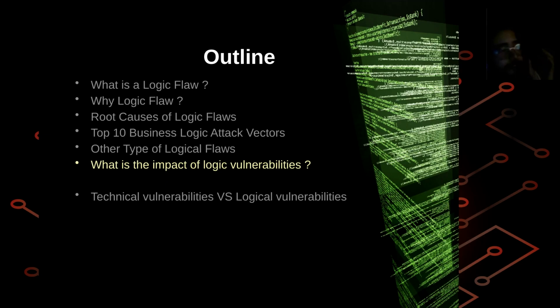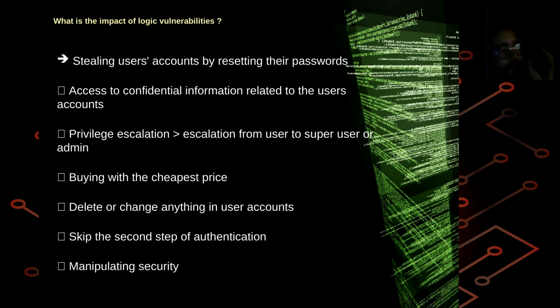So what is the impact of logical flaws? From this, I think a lot of people understand that logical flaws are about stealing users' accounts by using their passwords or accessing confidential information related to the user's account, and also privilege escalation, which is about escalating from user to superuser or admin, buying a lot of things at the cheapest price, and deleting or changing anything in a user account.